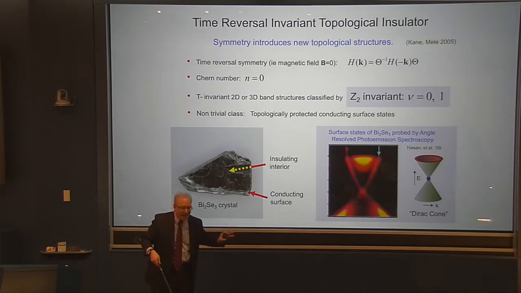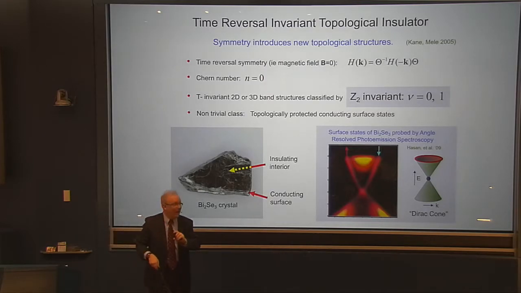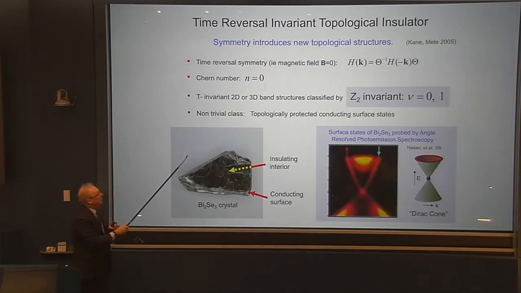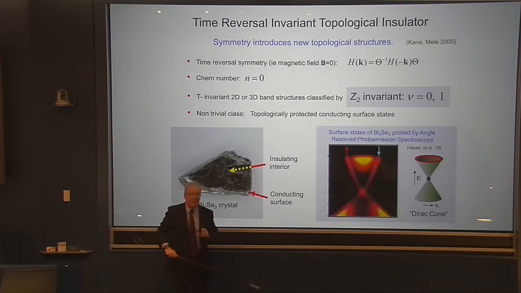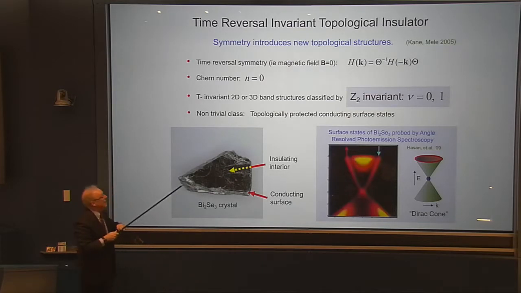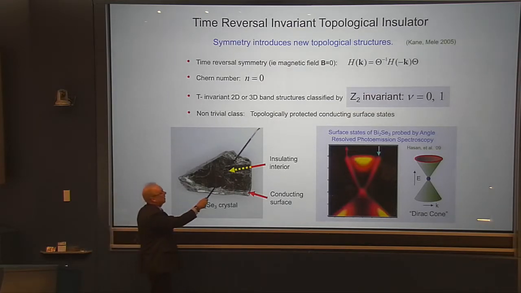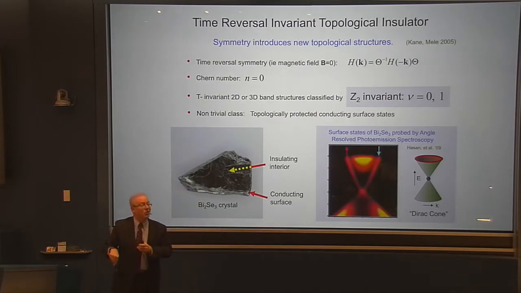But the thing that had not been appreciated is that actually it gives you something new: a new kind of topological invariant, and this new kind only has two classes. It's either trivial or it's topological. This new kind of Z2 topological invariant can apply to either two-dimensional or three-dimensional insulators.